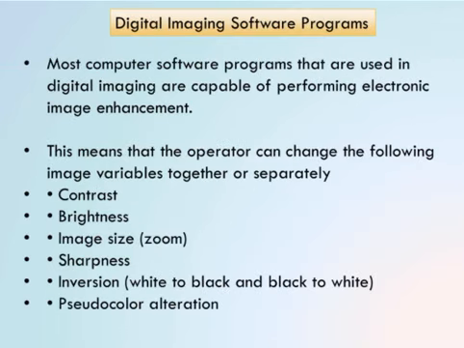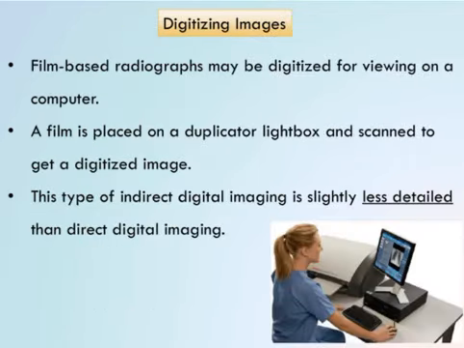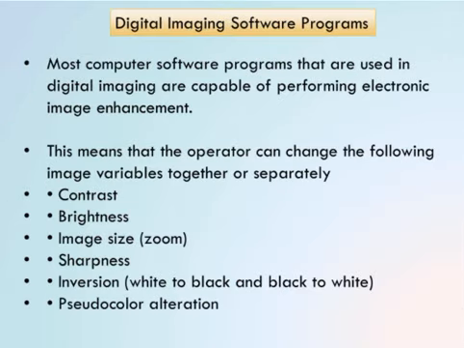Okay, so what do you mean by the previous slide? It means that a normal film can be converted into a digital image by scanning the film itself. So direct imaging software programs are available and come in various shapes and sizes.